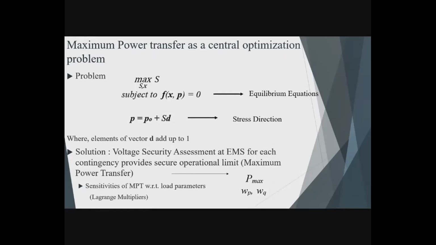And the solution for each contingency provides the maximum power transfer and the sensitivities which correspond to the Lagrange multipliers of the optimization problem. All this data is then sent to the local controllers of the active distribution networks in order to regulate its components.